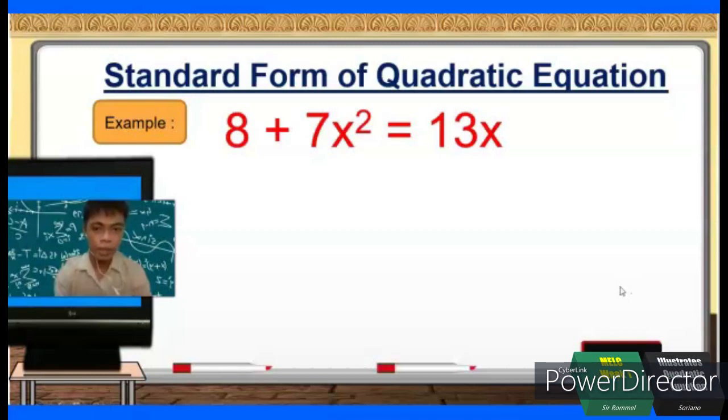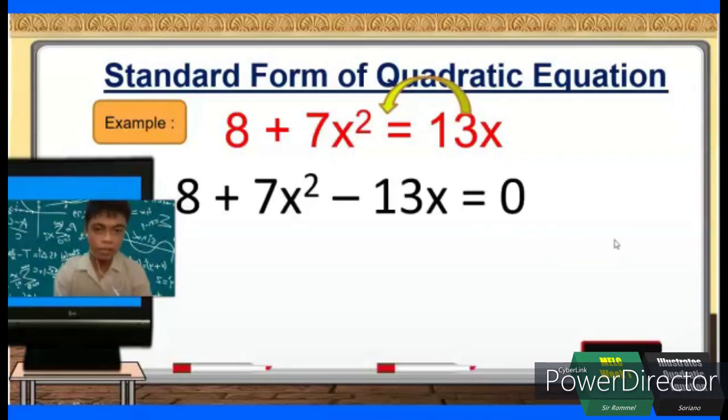So, dito, mapapansin nyo, yung linear term ay ililipat muna natin sa left side. Then, meron din kayong mapapansin dyan na ang nauna is yung constant term, then followed by the quadratic term. So, kailangan meron tayong ililipat muna.